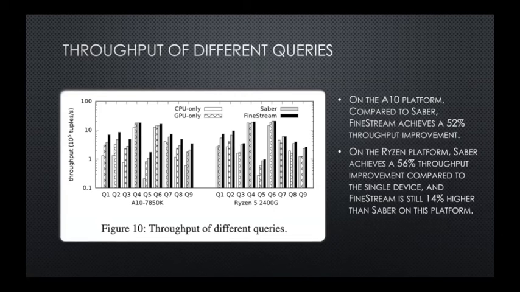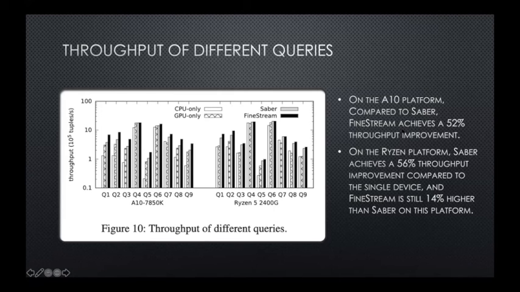Next, let's see the throughput. Here, Q1 to Q9 are 9 typical circuit queries, and the white bar is CPU only. The white bar with strip lines is GPU only, and the gray bar is Sabre. Sabre is an earlier window-based stream processing engine for discrete architectures, and the black bar is FineStream.